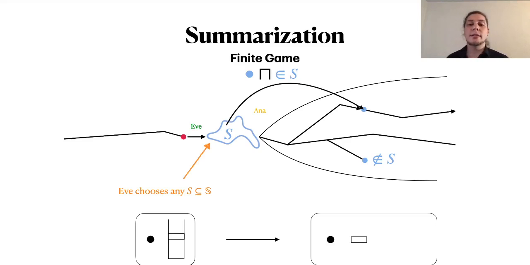What I mean by that is that Eve either did not suggest enough summaries, if we run into a pop such that the sequence in between is not captured by any summary in her proposed set, then she made a mistake, because her strategy obviously did not do what she suggested it did. And on the other hand, Anna is misplaying if the game runs into a popping situation where the summary was actually included, because then she could have just chosen the path where she jumps to the summary.